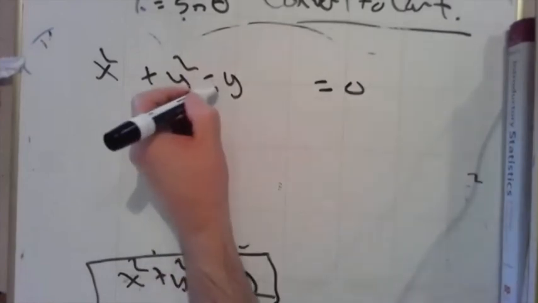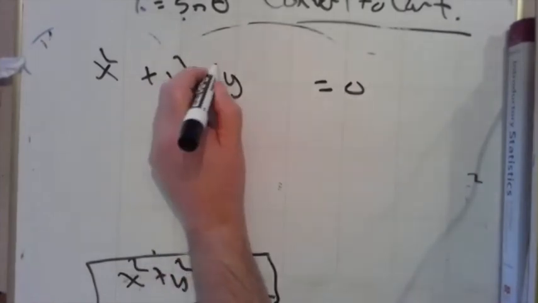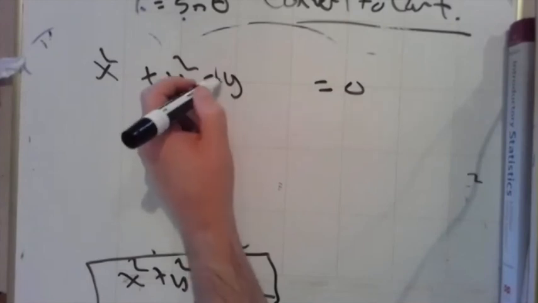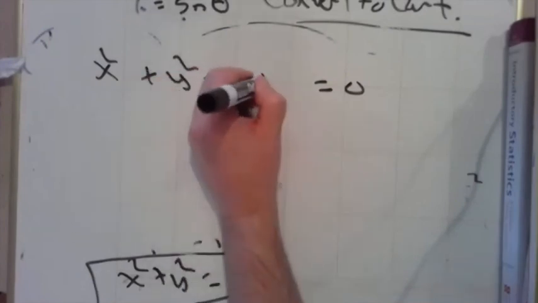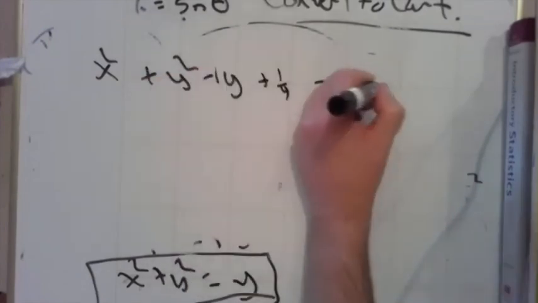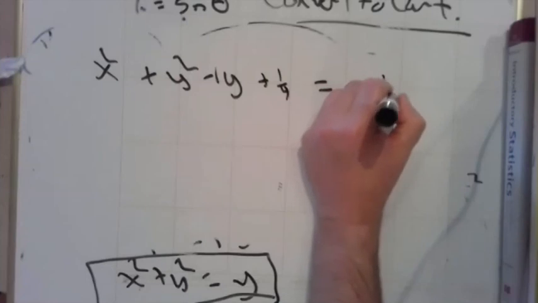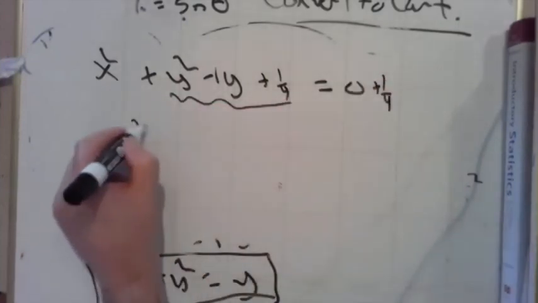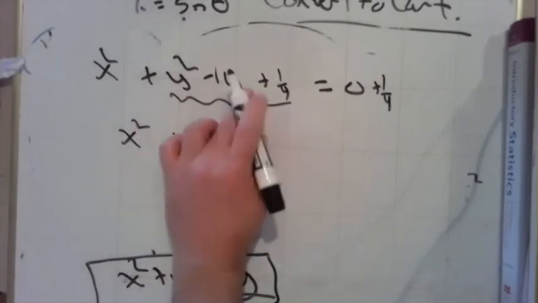We take half of our middle number, which is 1, square it. So half of 1 is a half, squared is a fourth, and I add that to both sides. Then I group these together and I factor. That is a perfect square trinomial.